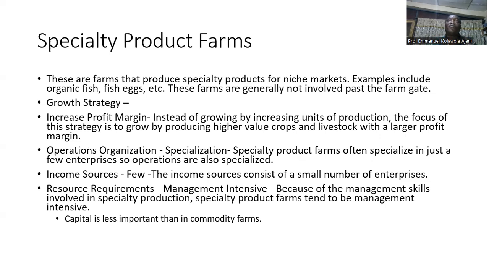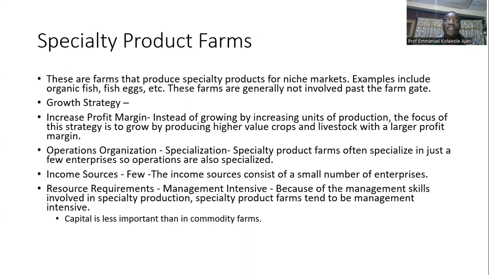Some can be producing fish eggs, like people doing sturgeon fish farming. They are not just rearing sturgeon fish. Sturgeon fish is not common in this part of the world. It's usually reared in Europe and some parts of America.